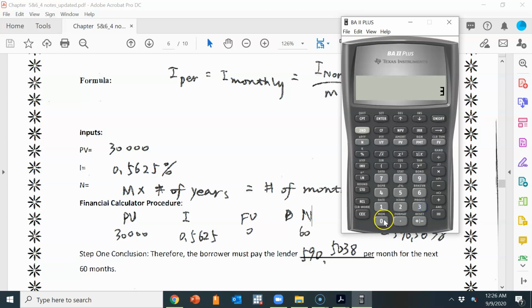It should be 30,000 as the present value, and then we input 0 as the future value, and then compute for payments. That's how we get the cash outflow we're going to be paying every month, 590.5038.